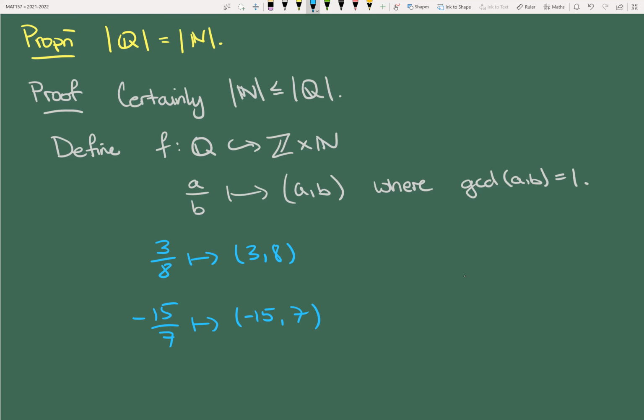So (4,8) will never occur. (4,8) is not in the image of this map. (1,2) is, but (4,8) will never be hit because 4/8 is not in lowest terms. Yes, GCD(a,b) equals 1 just says that, GCD stands for greatest common divisor. So this says that a and b don't share any common divisors, and that's what it means to be in lowest terms.